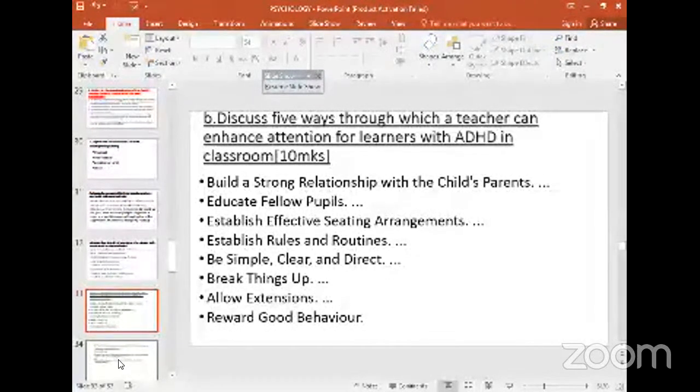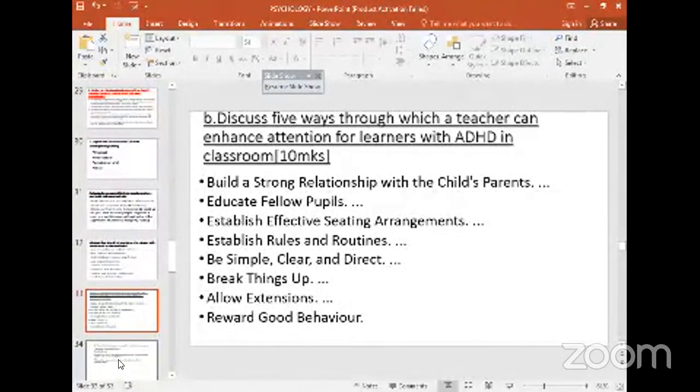Again, as a teacher, you need to establish rules and routines. And when you are establishing rules and routines, make sure that it is done together with the learners, including those with ADHD, so that when they are wrong, they are able to own the consequences that come as a result of going against the very simple rules that they made.